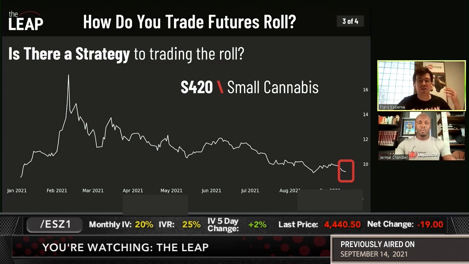And so it's usually pretty simple. It's like, okay, I'm long S420 U21, September 2021. I need to sell that and then buy S420 V21, which is October 2021. And great, now I'm long pot stocks for that lower amount than MJ or the actual individual stock names themselves for the next 30 days.